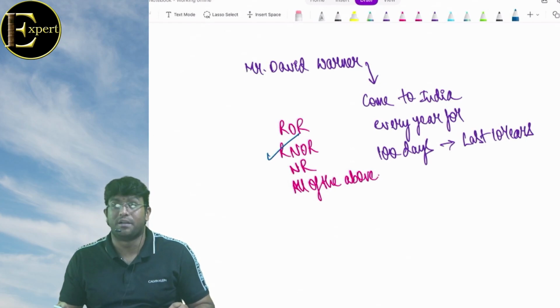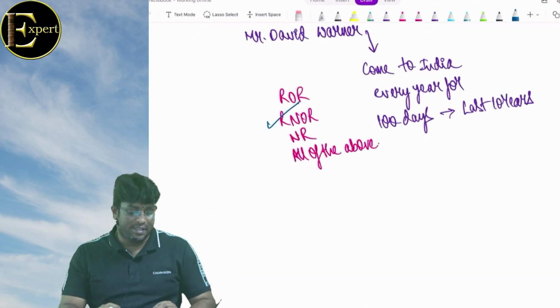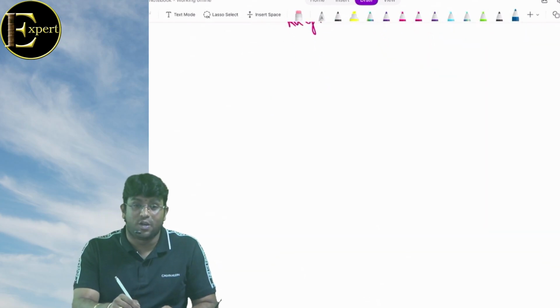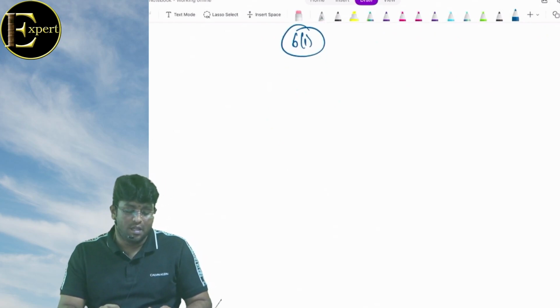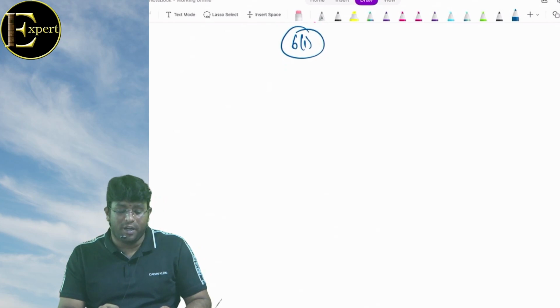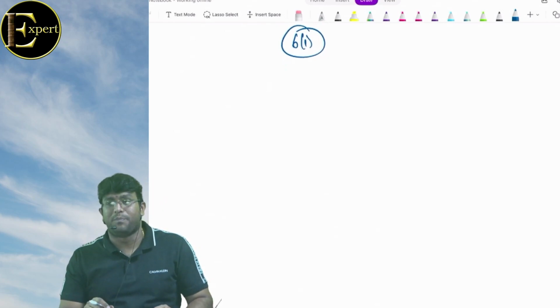Yes guys, come on. What is section 6(1)? Basic condition, in order to classify whether he is a resident or non-resident. Come on, what are the basic conditions? First one: he must be in India for a period of 182 days or more during the previous year, or he must be in India for a period of 60 days or more during the previous year, and 365 days or more during 4 years preceding the previous year.